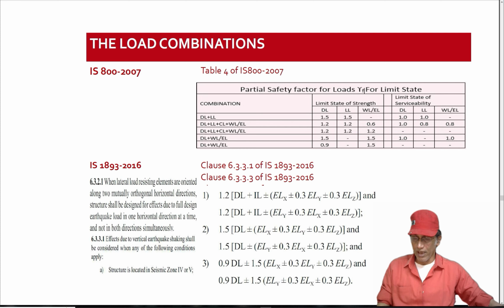So if the lateral load resisting system has frames which are not orthogonal to each other, maybe one frame is at a certain angle to the other lateral load resisting frame, then we may have to consider 30% of the earthquake or seismic load from the other direction as well.